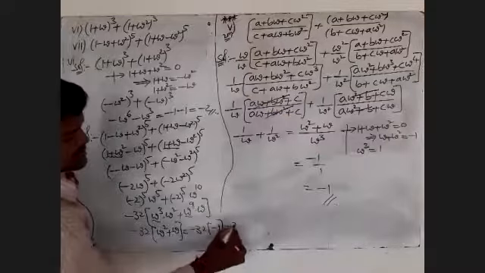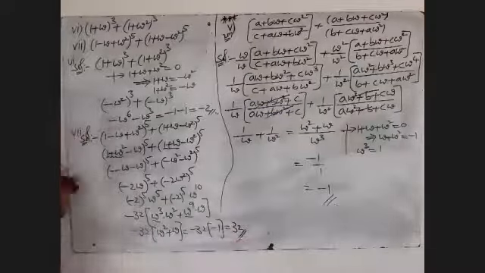Omega cube is 1, and omega power 9 is also 1. Remaining is minus 32 into omega square plus omega. Already we know that omega square plus omega is minus 1. So minus 32 into minus 1 is minus 32. Hence this exercise is completed. Now I am going to the next exercise.